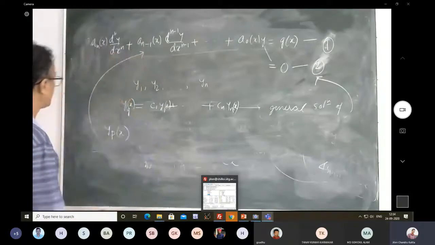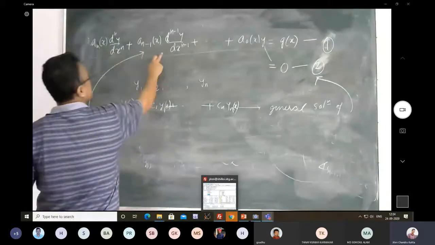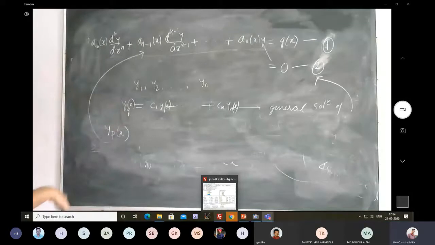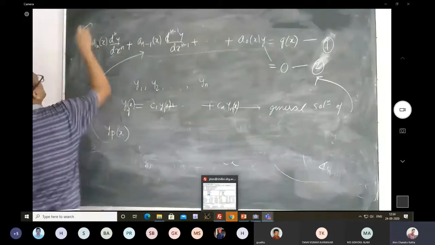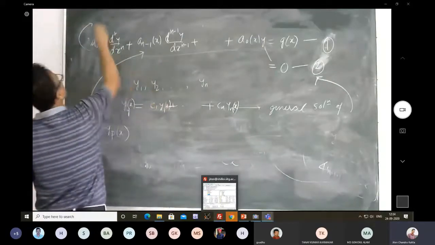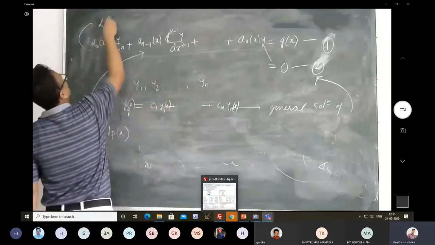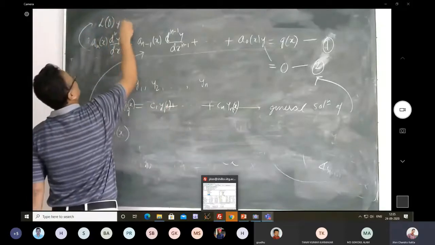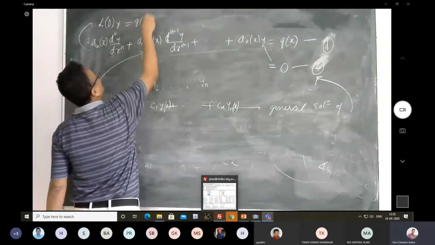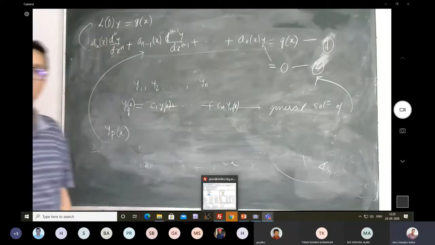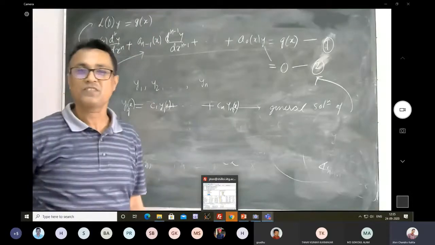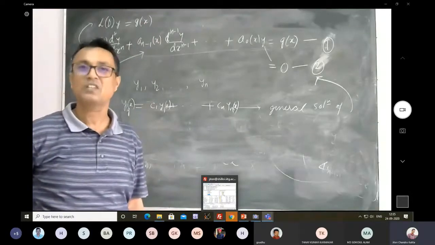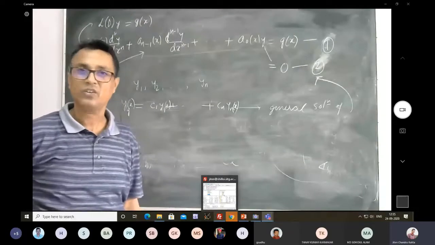So that means if you plug in here, or maybe I should write the equation in terms of the linear operator L(D). You know what is the meaning of the linear operator D. Is it okay?